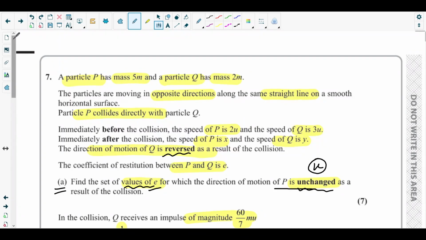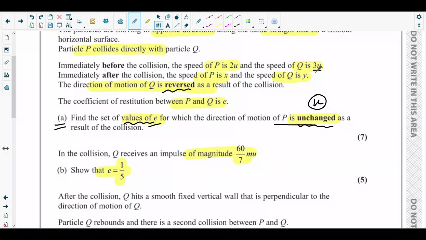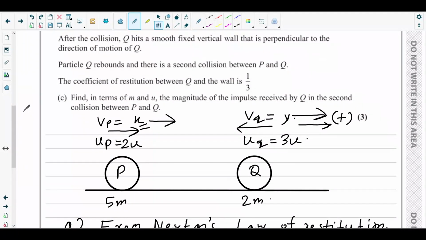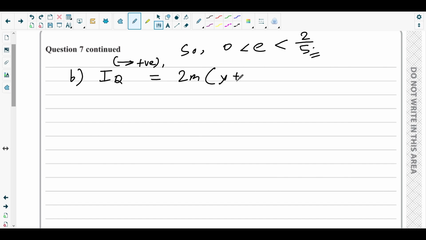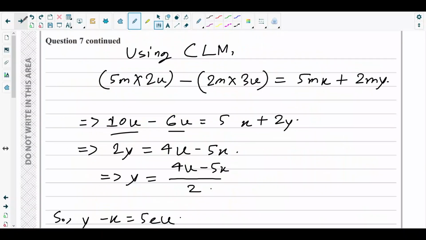3u. So that means it will become y plus 3u, right? Velocity of particle Q before the impact was negative 3u. So that's why y minus negative 3u would make it plus 3u. Okay, so from there we know the value for impulse on Q is given as 60 over 7 mu.